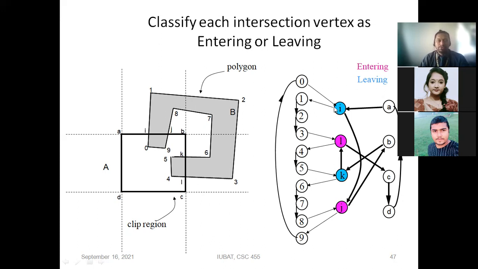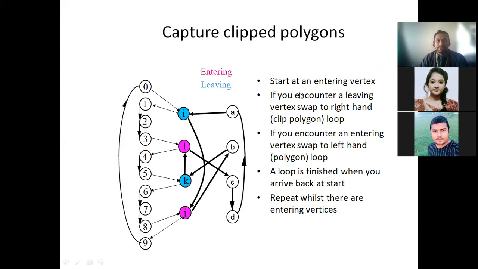Now what we need to do, the rule is, we will travel along the polygon, and if we encounter any leaving vertex, that means you are going out, then you need to go to the right-hand side, on the clipping region.